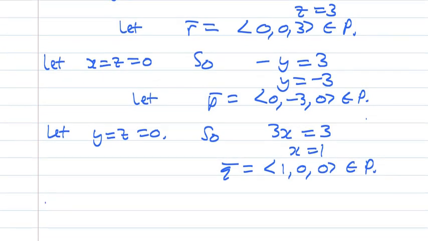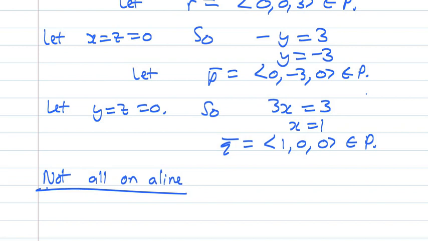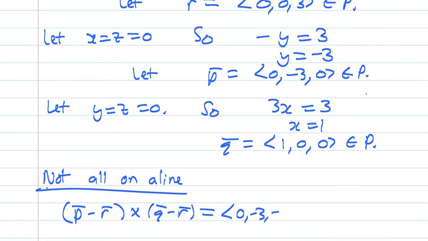Alright, so now we've got to make sure they are not all on a line. If we found 3 points on the same line, we need to find more points. So we've got to verify that they are not all on the same line. So now I'm going to calculate P minus R cross Q minus R. P minus R, do you agree with 0, minus 3, minus 3?